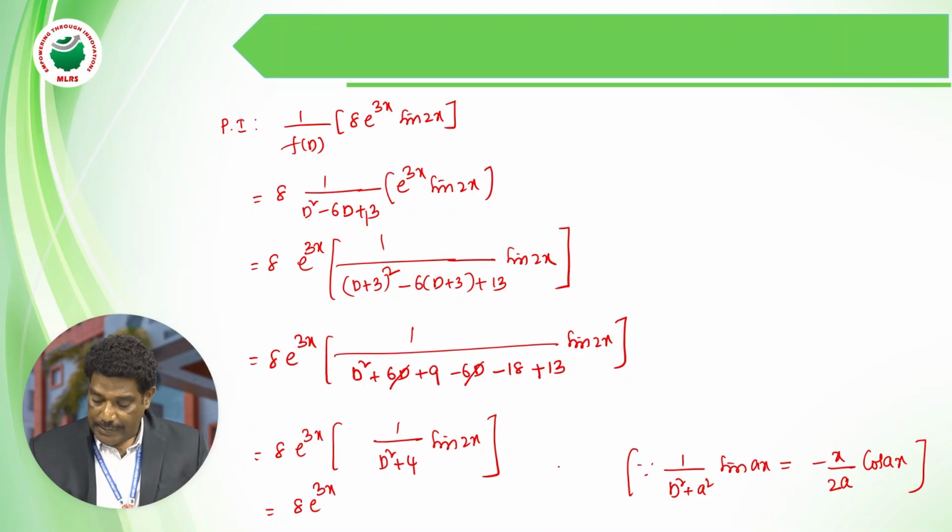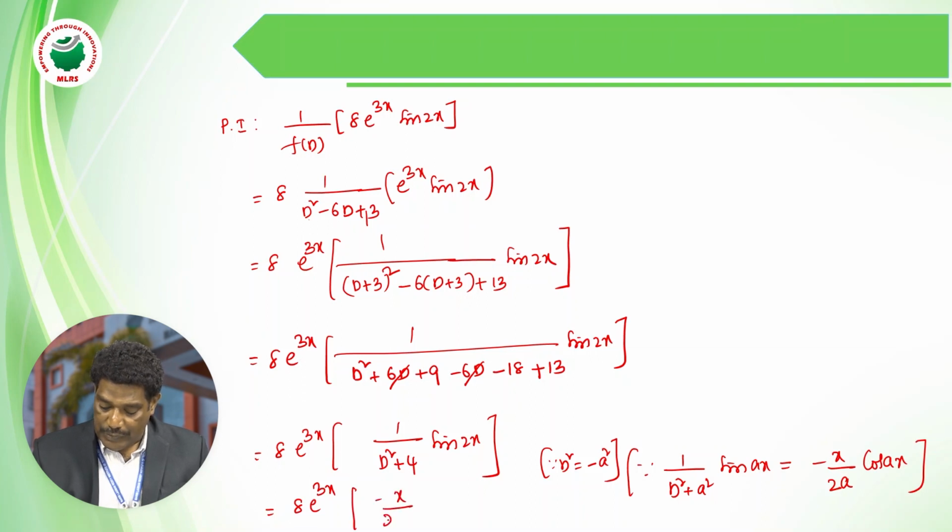You can use this formula and write the value directly. Why? Because here the denominator becomes 0 when D square is replaced by minus a square. So using that formula, we get minus x by 2 into a, that is 2, into cos 2x.